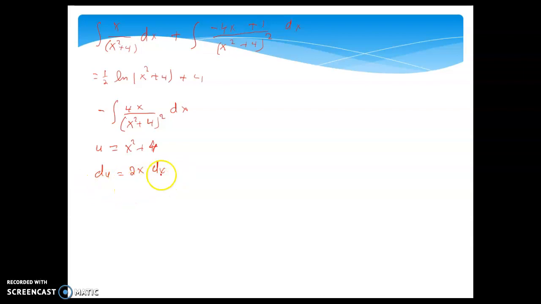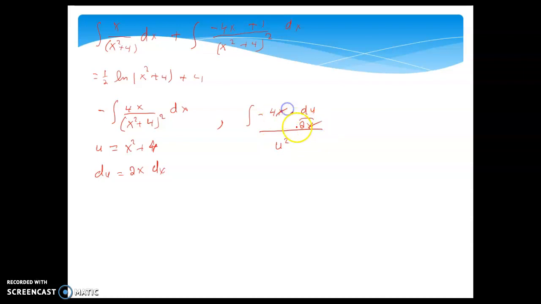In terms of u, the integral of negative 4x du over 2x over u squared.